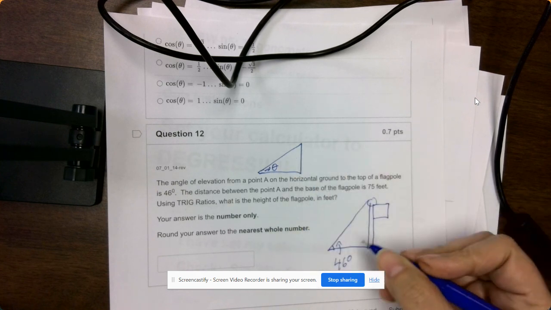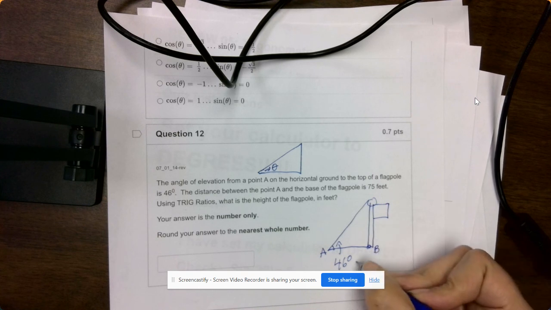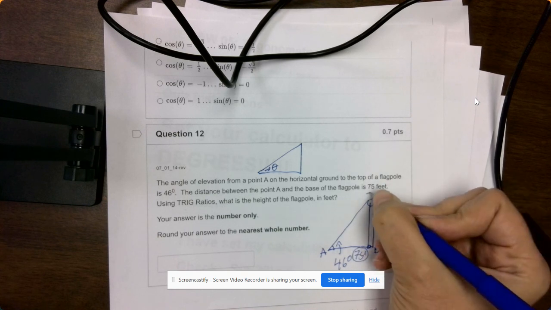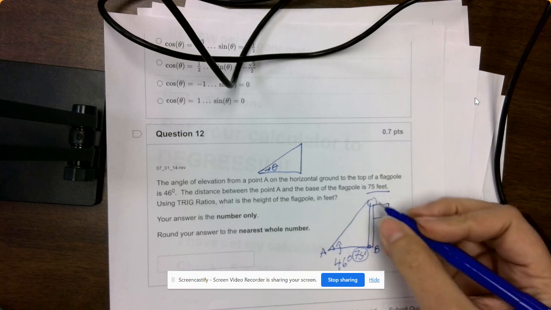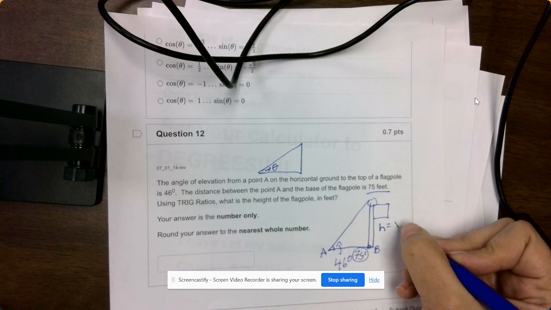The distance between point A and the base of the flagpole is 75 feet. So that distance right here, everybody, is 75 feet. Use trig ratios to find the height of the flagpole. So we want to find this height right here. Everybody, you can just use our X value.